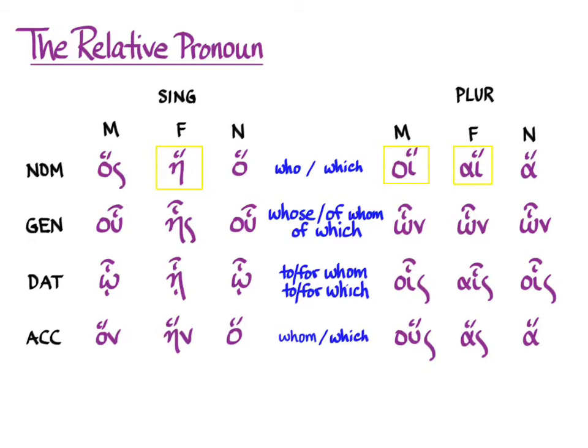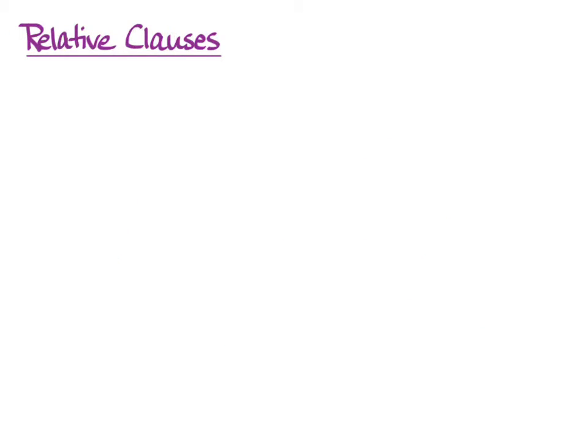The relative pronouns do, whereas the article hoi and hai do not. The masculine nominative singular has two ways to tell the difference from the article. The relative pronoun is hos with an acute, and the article is just ho with no sigma on the end and no accent.